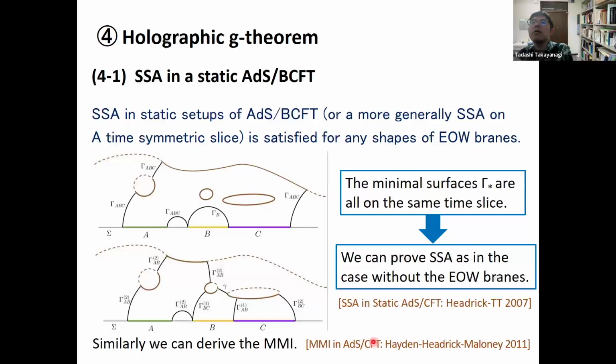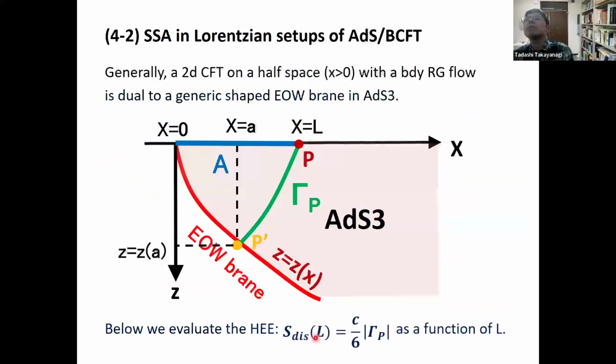This is trivial. So the static setup is nothing interesting, but if there is some Lorentzian, non-trivial time evolution involved, then it's quite important. Or some boosting. Boosting also makes non-trivial time evolution appear. So to derive strong subadditivity in a Lorentzian setup, we consider the following setup.